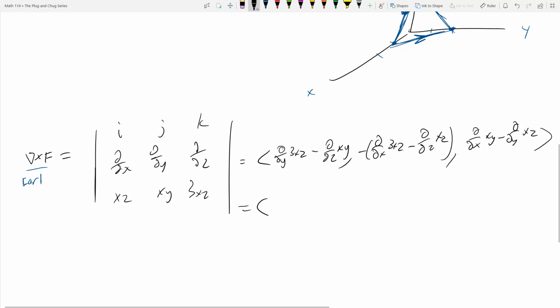Partial of y of 3xz is 0, and partial of z of xy is also 0, so you get 0 minus 0, that's 0.